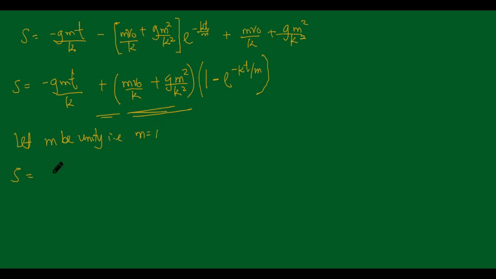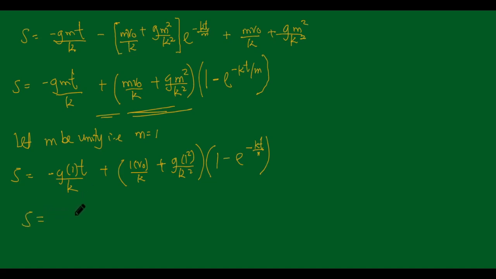We have s is equal to minus g multiplied by 1 times t divided by k plus 1 multiplied by v naught divided by k plus g multiplied by 1 squared divided by k squared, 1 minus e raised to power minus kt divided by 1.